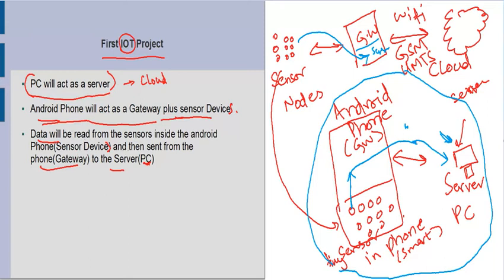Data will be read from them, and it's going to be sent from the gateway, which is again the same Android phone which has the sensors, to the server PC, which is our cloud as well. We can call it cloud, we can call it server, it does not actually matter. So this is going to be our first Android IoT project that we are going to implement, and I hope you will understand this.